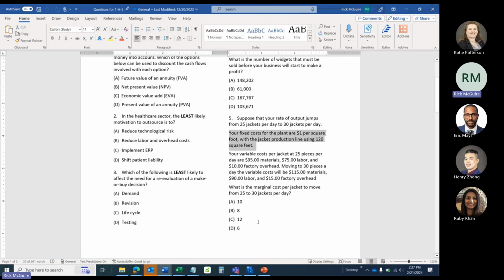We don't care. What you need to know is the variable costs for marginal cost. At 25 pieces, it's 95 plus 75 plus 10. When you go to 30 pieces, it's 115 plus 90 plus 15. Subtract the two and you get 40. But you have to divide the 40 by 5 because you're going from 25 pieces to 30 pieces. Answer's 8.